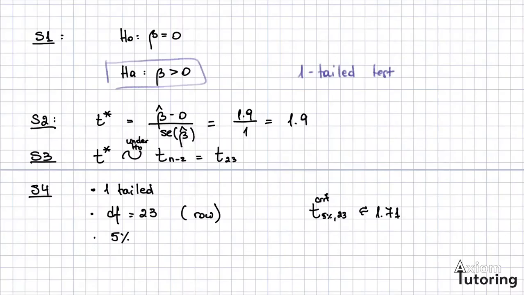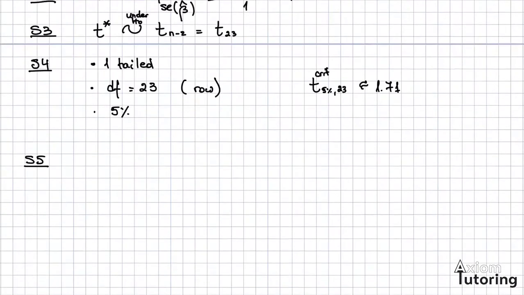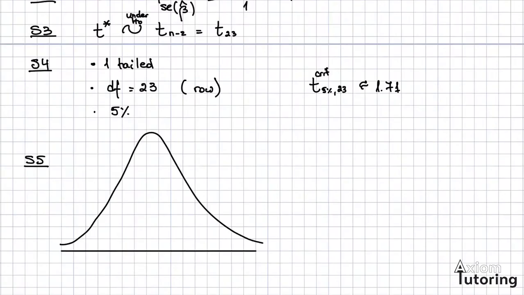So let's go and take a decision based on a graph and the rules that we know. So this is where the 0 is.